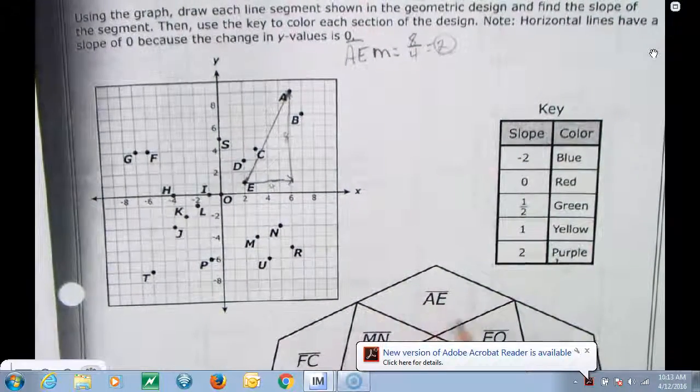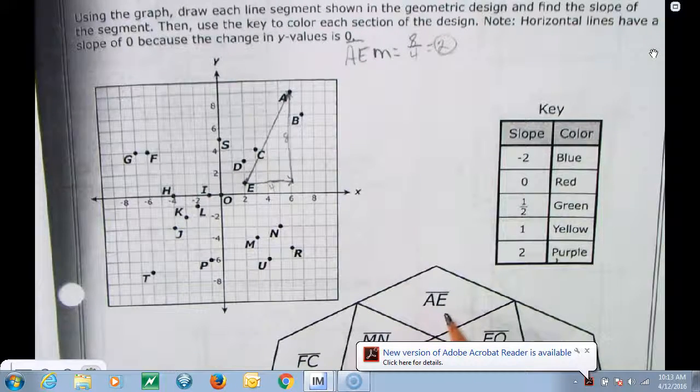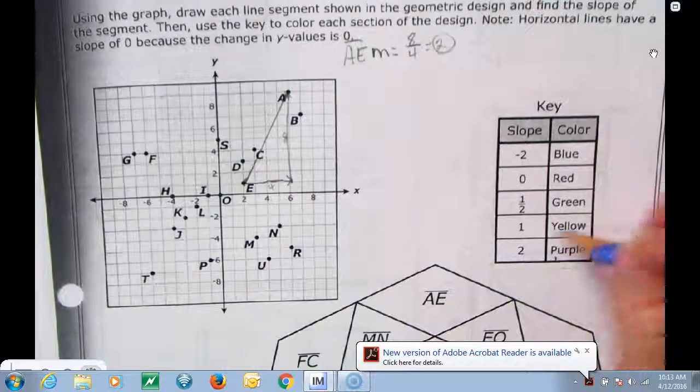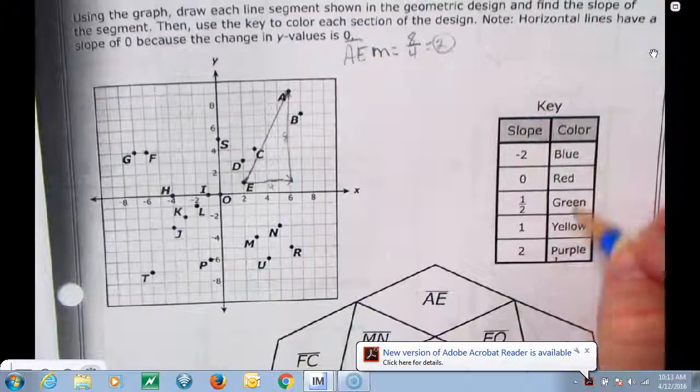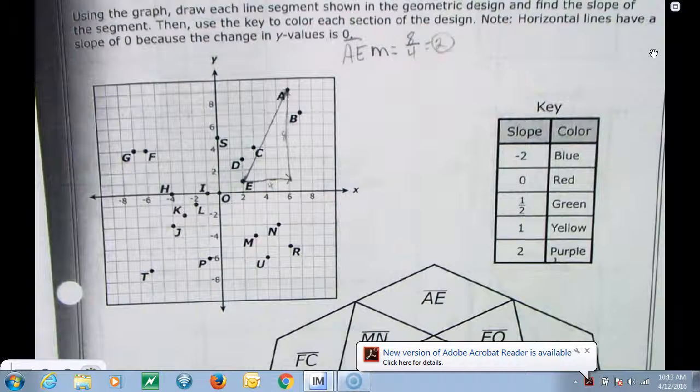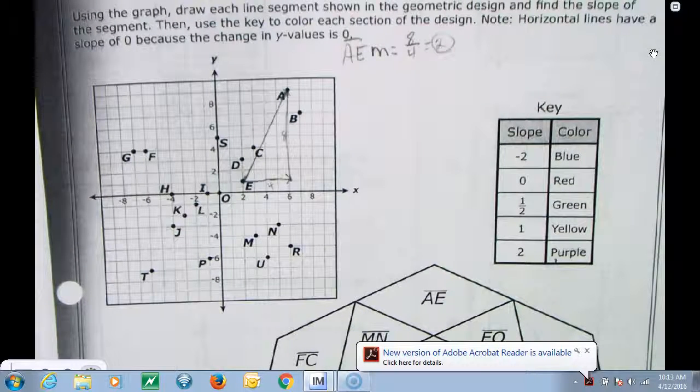You're going to color in line AE. We're finding the slope of line AE, not the distance. If you're using orange for yellow, then just color it. Just go down and color every color you're using. Blue for blue, red. Really, I didn't want you to use markers, but you already got them. Just use them.